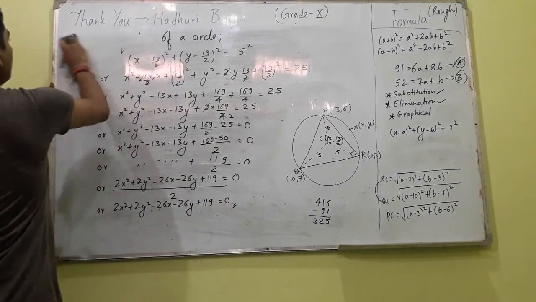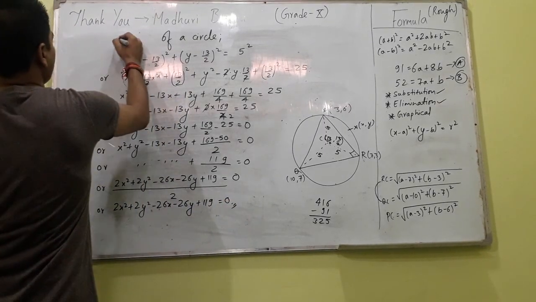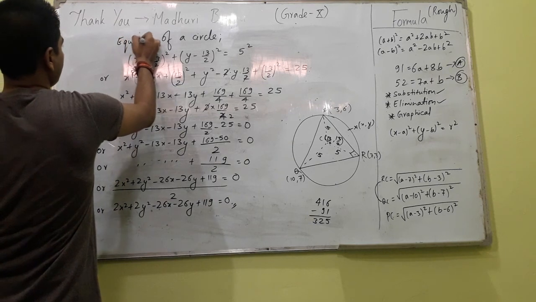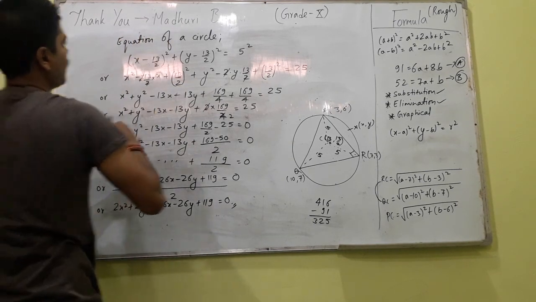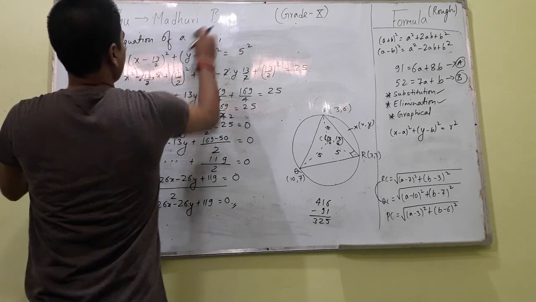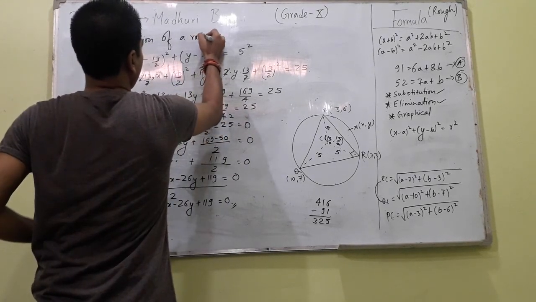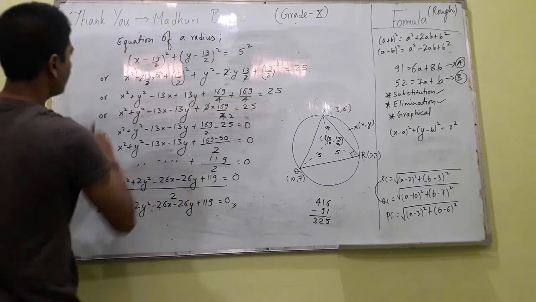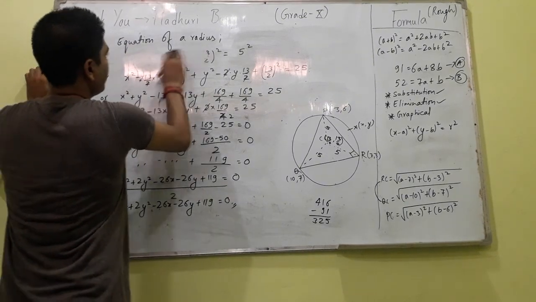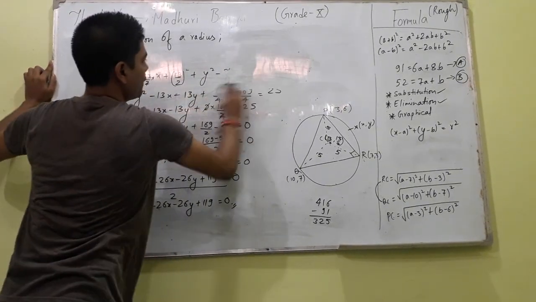And the last step is the equation of radius. After this point, you have to write this line, and the next equation you have to apply.